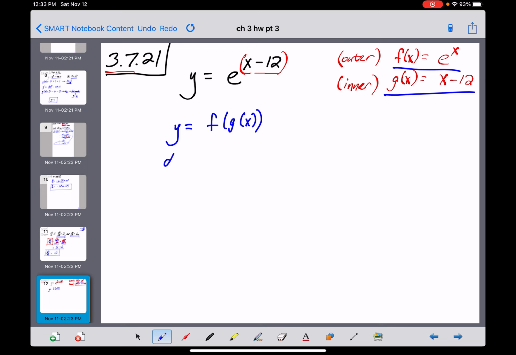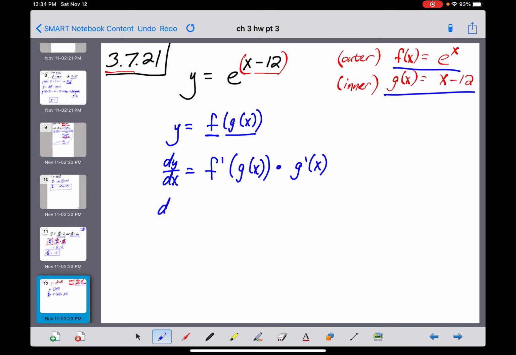Well, if you recall now, the derivative of y taken with respect to x, using the chain rule, is to take the derivative of the outer part while leaving the inner part alone. So you didn't really need to write this, but it's f prime, and then we leave the inside just the way it was, and then multiply at the end by the derivative of the inner function. That would be g prime of x.